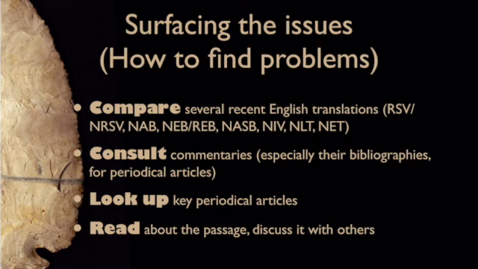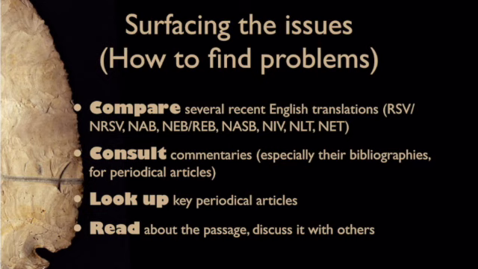If you can get your hands on a good 1984 NIV and compare it to the most recent NIV, and there's a change, that's pretty significant. You can also find this on the web if you just search for changes in the NIV. There are websites that will highlight where the more recent NIV has updated or changed the 1984.